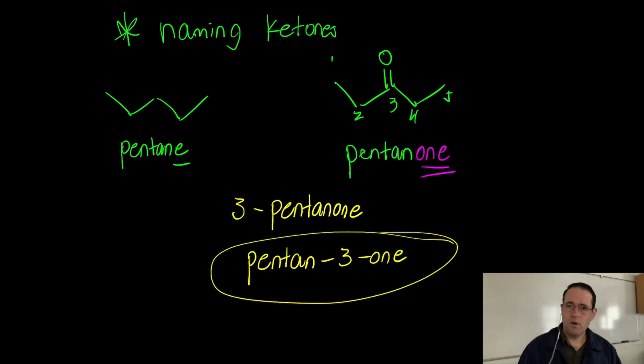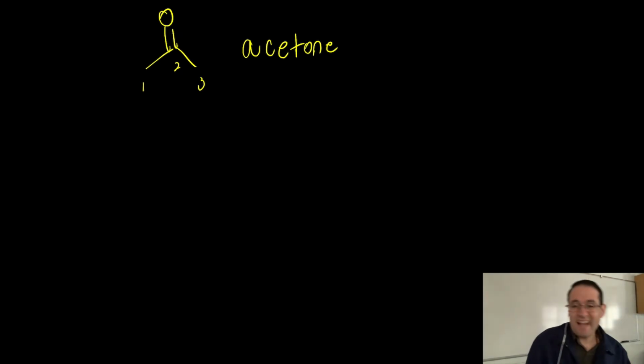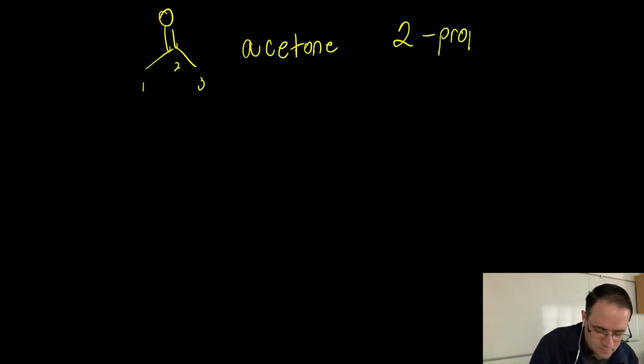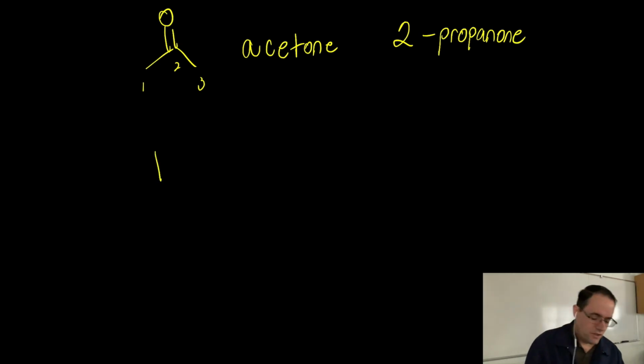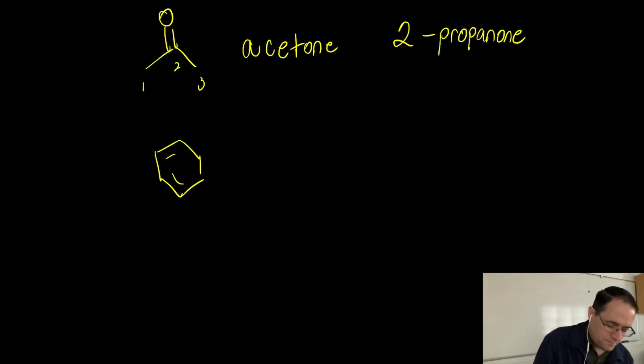So what common ketones do you need to memorize? We've got acetone. Acetone is commonly known as acetone, of course, but we could also name it 2-propanone. Acetophenone we learned in chapter 19. It looks like that.